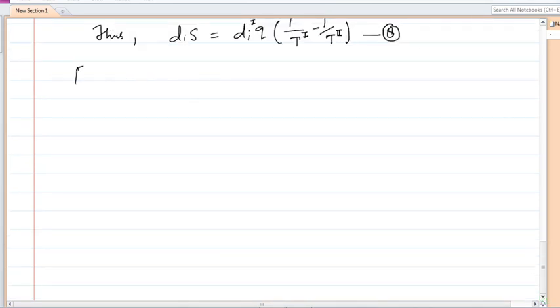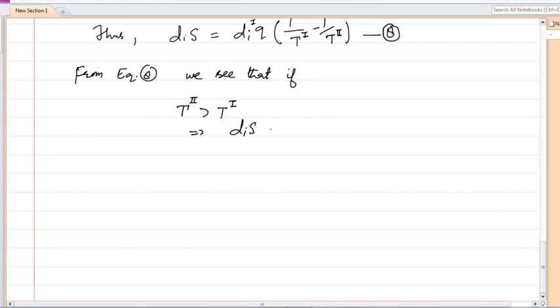So from equation 8 we see that if T second is greater than T first, it will imply dIS will be greater than 0, since diQ first is also greater than 0.